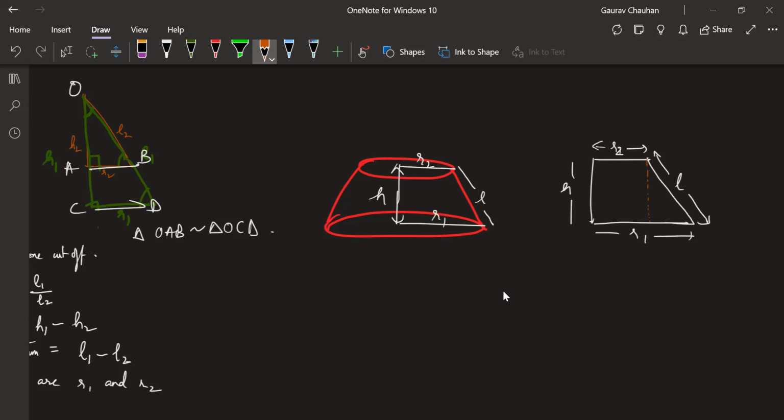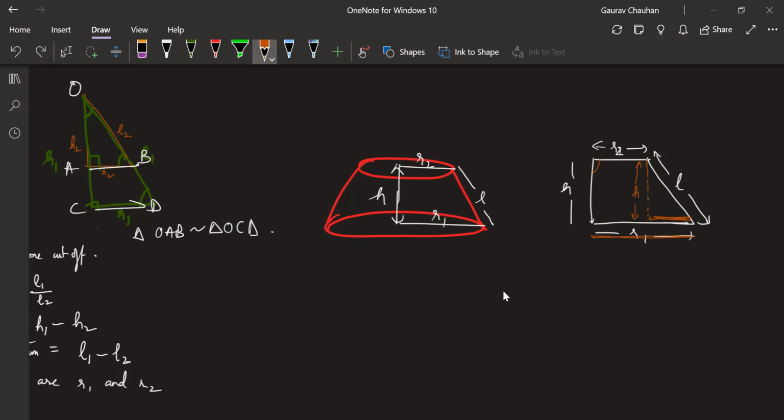If I make another triangle here, this will be the same as H. What will this be? R1, that is the full thing, minus R2. Because this is 90-90, here I have formed a rectangle.